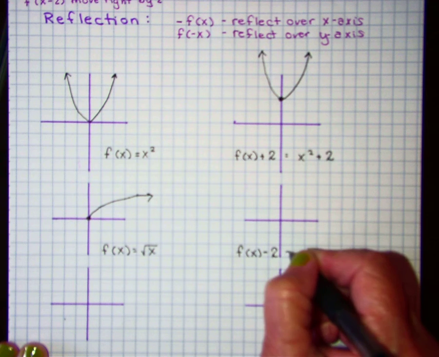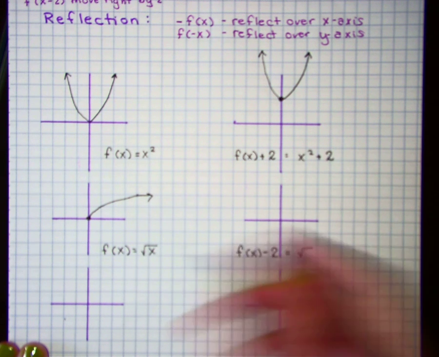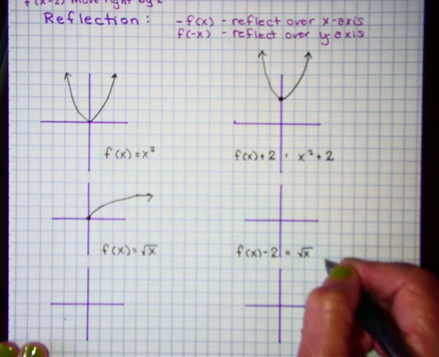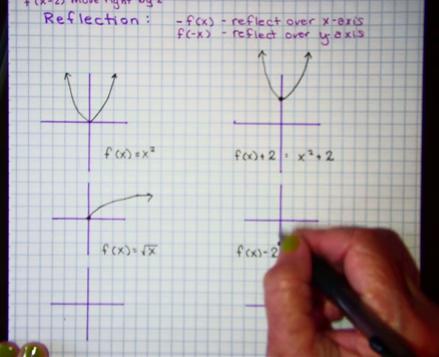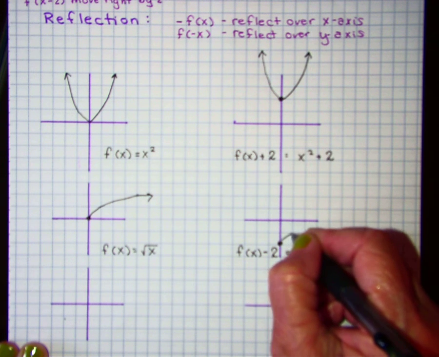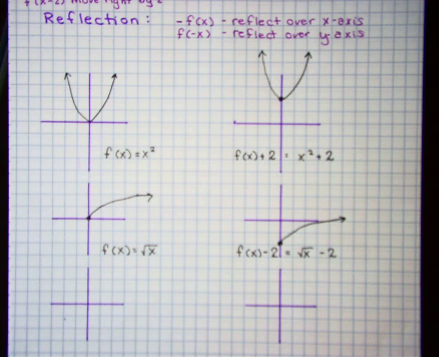In this case, I'm going to move it down 2, which would just mean the square root of x, minus 2. So I go down 2, 1, 2 on the graph, and I will head up like that. So it's just moving it up and down.